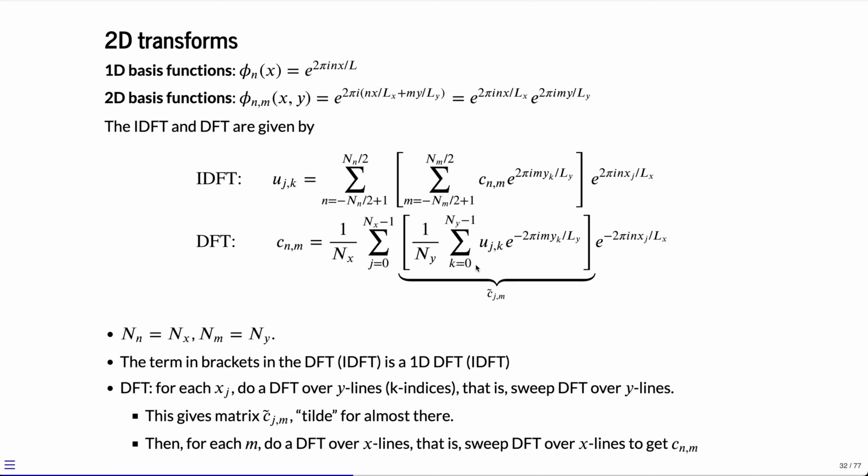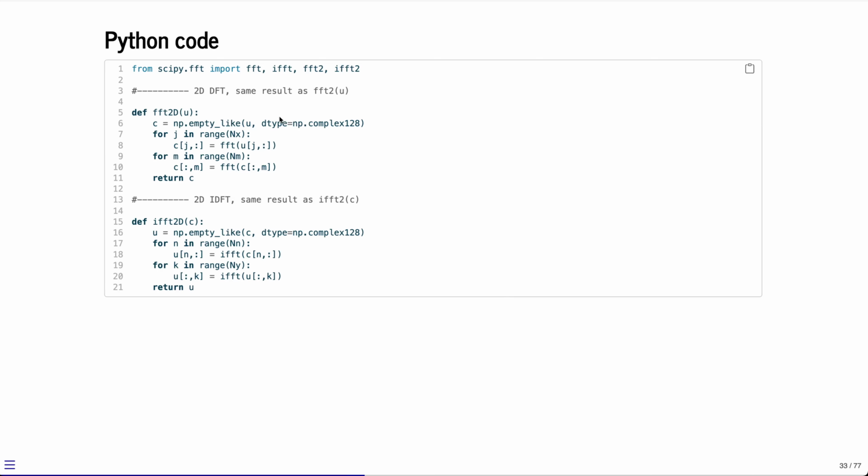We do a discrete Fourier transform for each value of x. And then once we have all of those, we're going to do another set of discrete Fourier transforms over the x direction for each value of m. Okay, that's a mouthful. But let's look at what it looks like in the code.